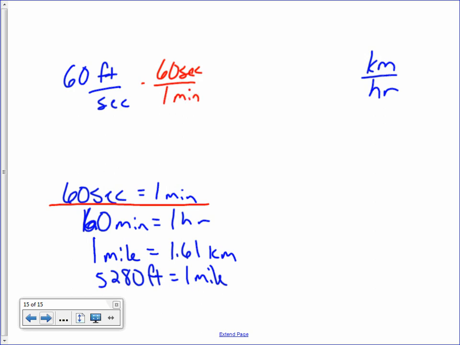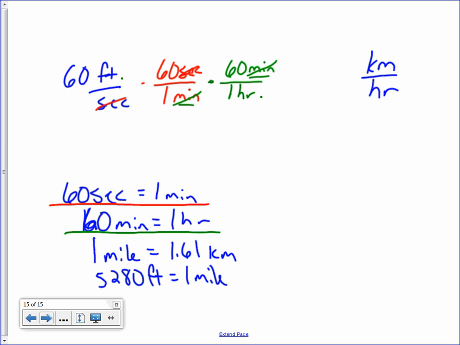Now the seconds cancel out, and I'm in feet per minute. So I'm going to take the 60 minutes per hour, and the 60 goes on top because then diagonally the minutes cancel out. That's 60 minutes in 1 hour. Now my minutes are canceled out, and I'm in feet per hour.